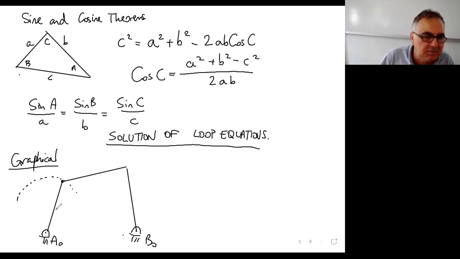So in another instant, later on, this link comes to somewhere around here, let's suppose. Now, this link, which is connected to the ground, also traces a circle. So it will be doing this.